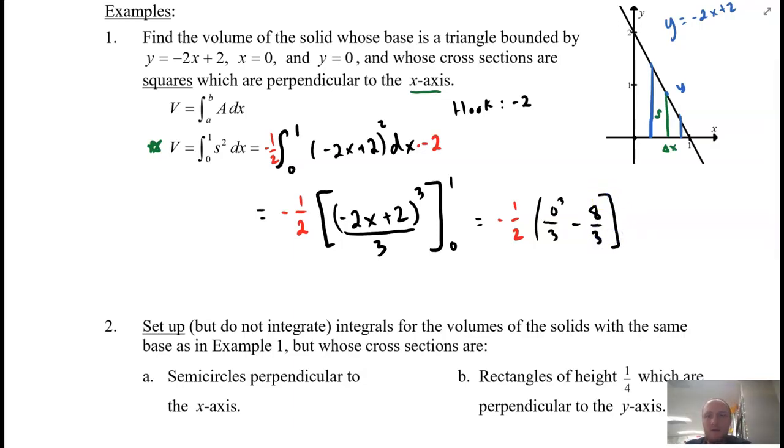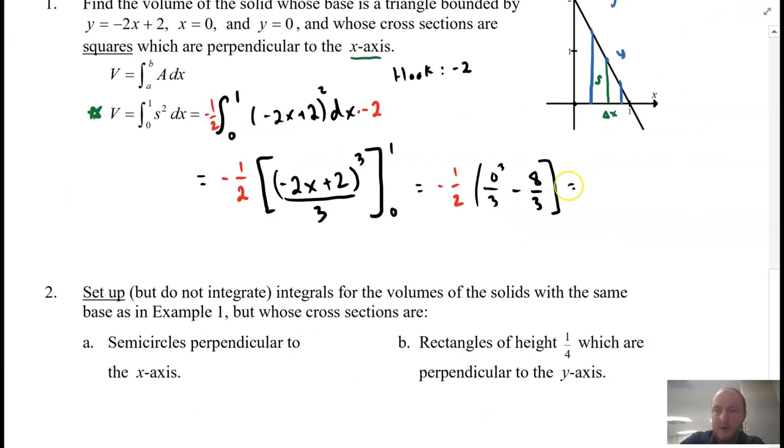And I'll go ahead and compute this. So negative 1/2 times negative 8/3. This would be a positive 8/3, or sorry, 8/6, which is 4/3.